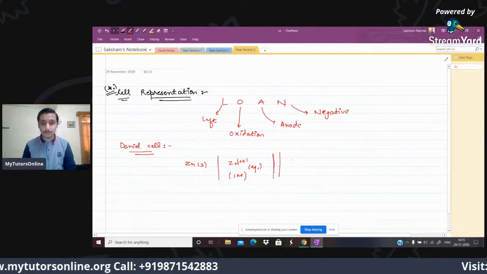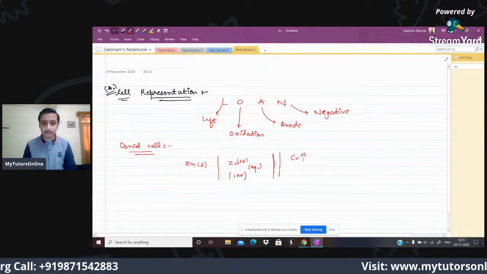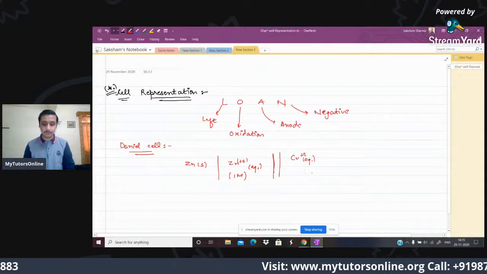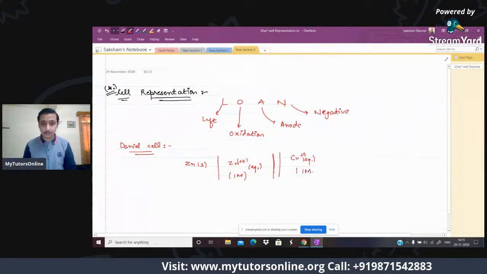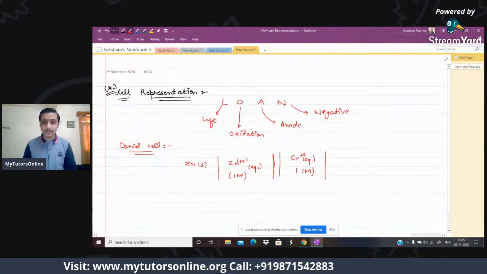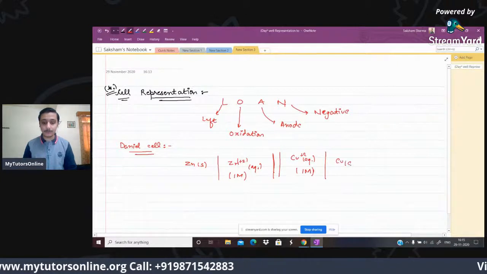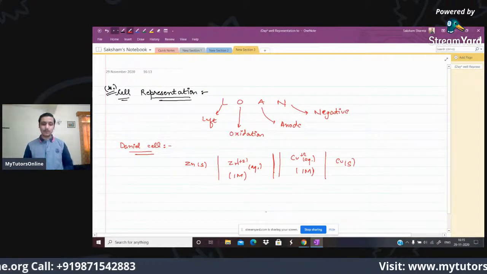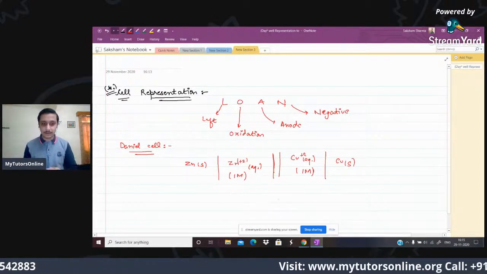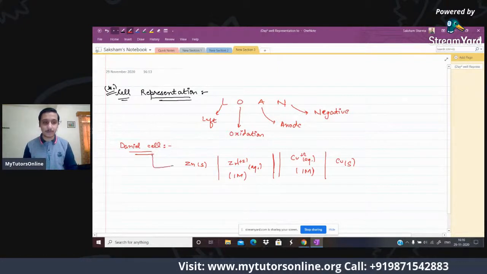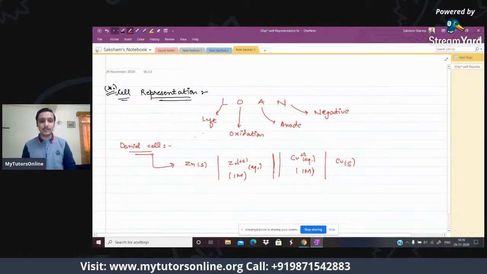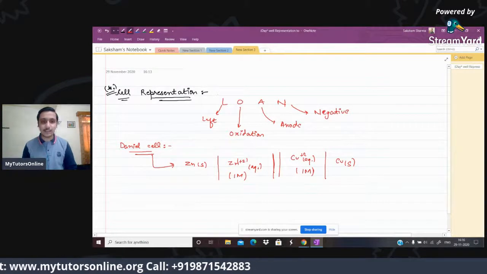Further, you have your copper plus 2 aqueous, again 1 molar, and this is getting converted to copper solid. So this is your cell representation for the Daniell cell, and you can try to remember it using this LOAN.